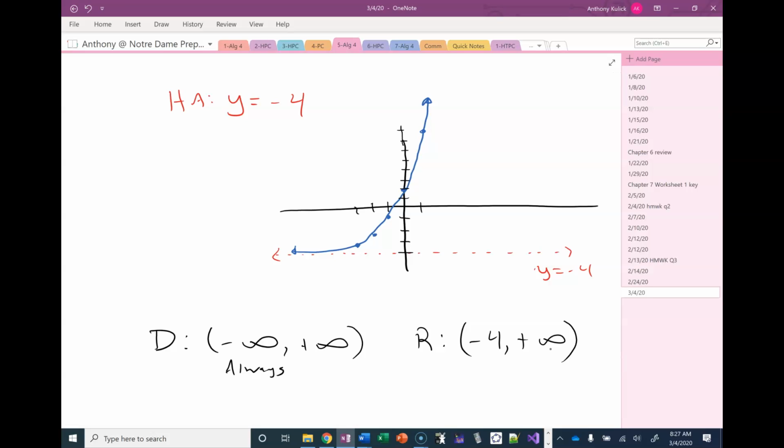Notice here that I'm using a parenthesis on the -4 as opposed to the bracket. What was the difference between those two symbols? The bracket meant that number was included in the set, and the parentheses meant it was not. Why are we not including -4? Because that's where the asymptote is, and the graph can't touch that.